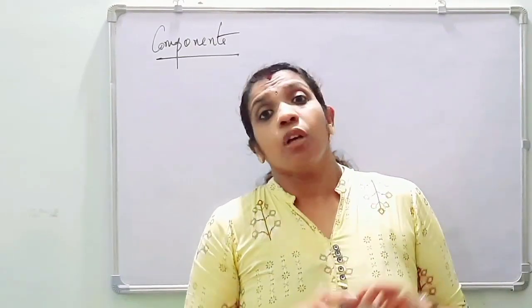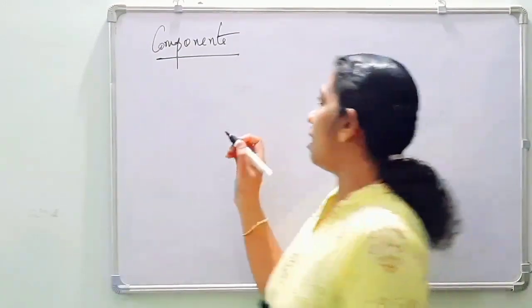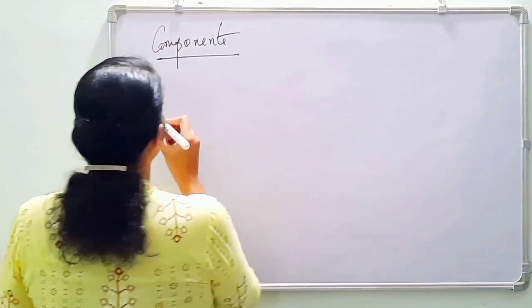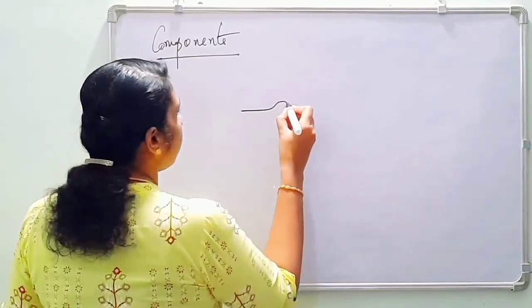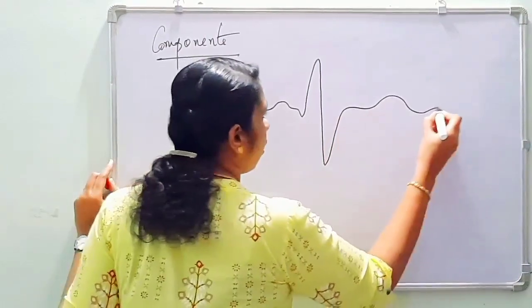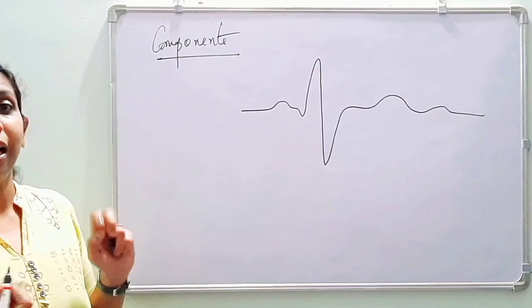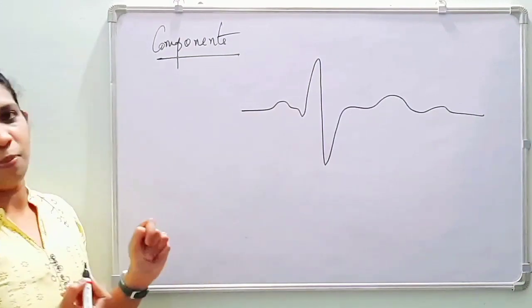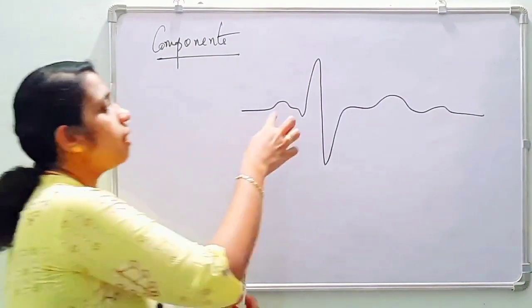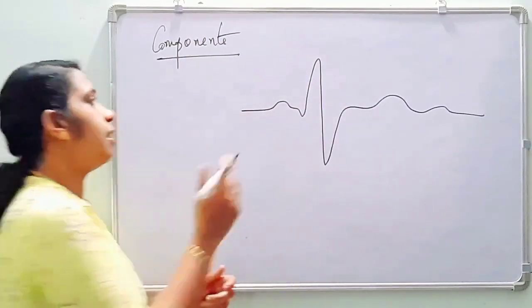Okay, so how many waves are there? Can you guess? So we will draw an ECG. This is a typical, normal ECG complex. The upward and downward deflections are known as waves in ECG.